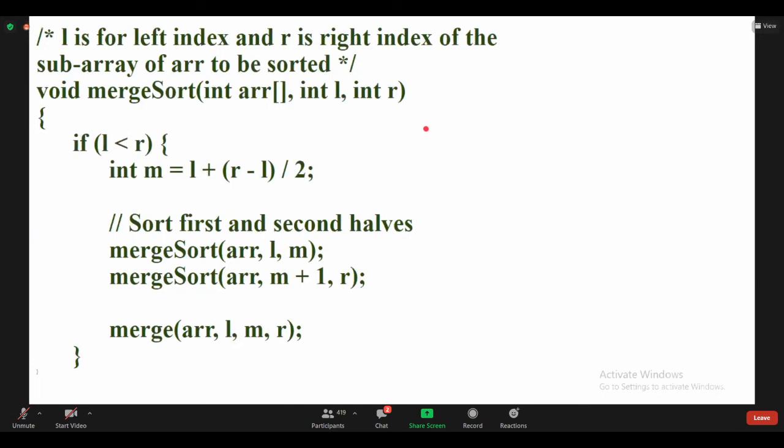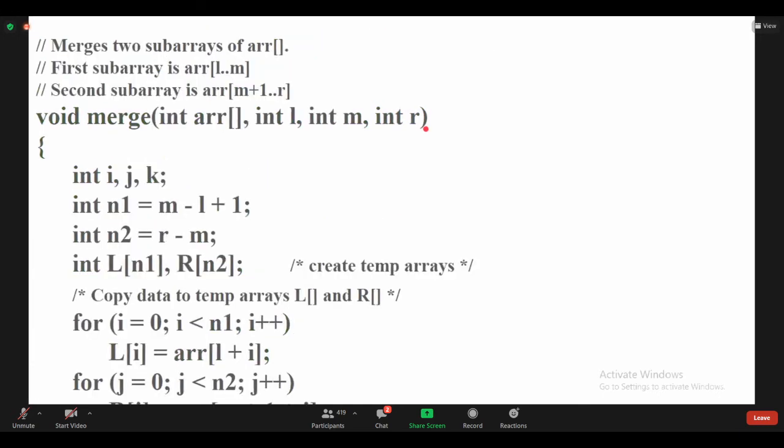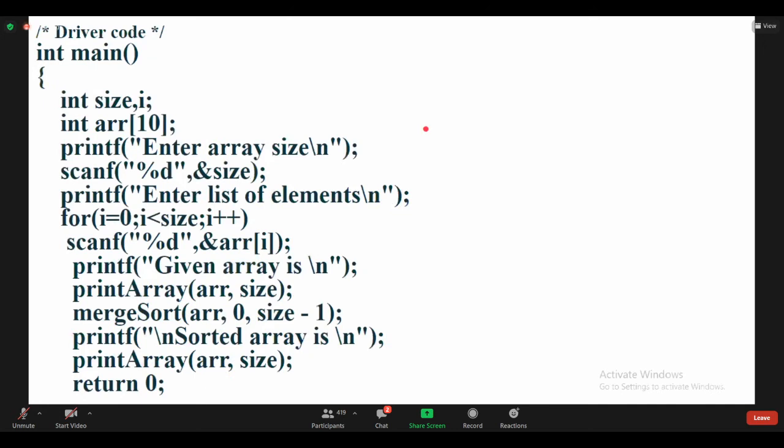Okay, this is the main function. The main function calls the merge sort.